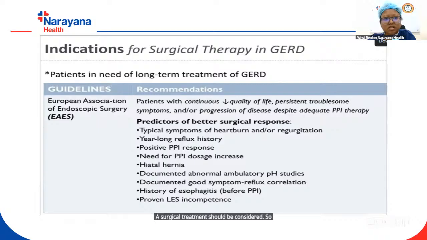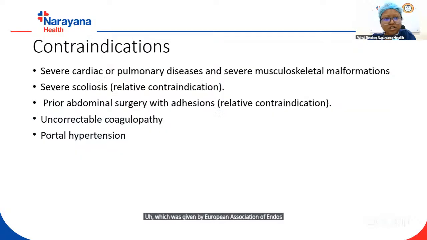This is similar criteria and guideline which was given by European Association of Endoscopic Surgery. Surgery is relatively contraindicated in severe cardiac or pulmonary disease, scoliosis, and in cases of prior abdominal surgery.